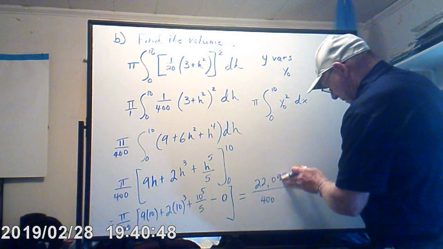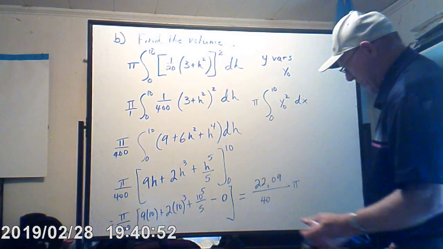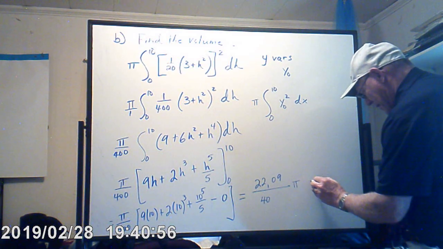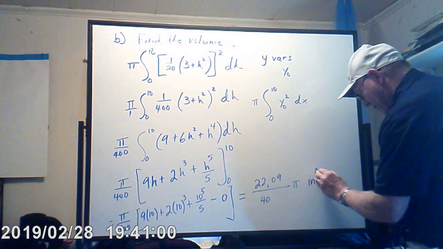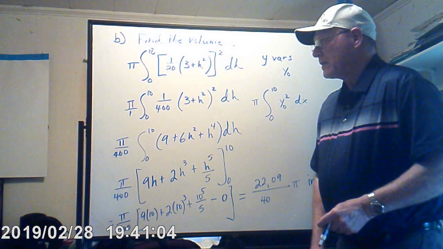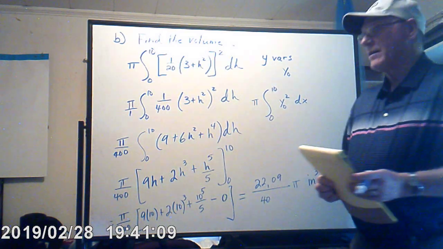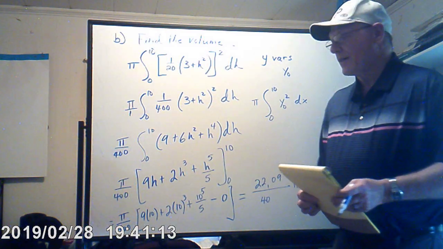And of course the zeros do divide out. So there it is. And then of course we want to put it in cubic inches. We are looking at volume, aren't we? So we find the volume. That's how you do it. You go about doing it that way there.